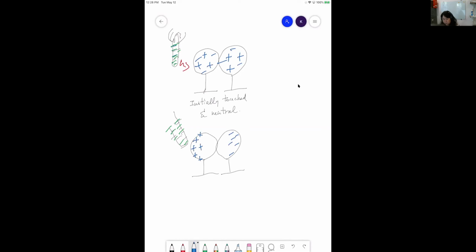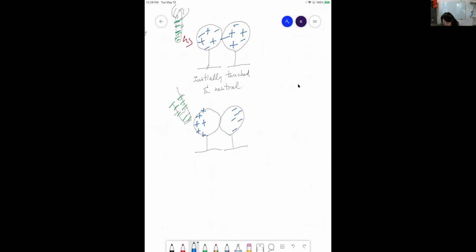Then if I separate them, while still having this charged object nearby, I'm still having the negative one closer, I am going to separate these two balls.